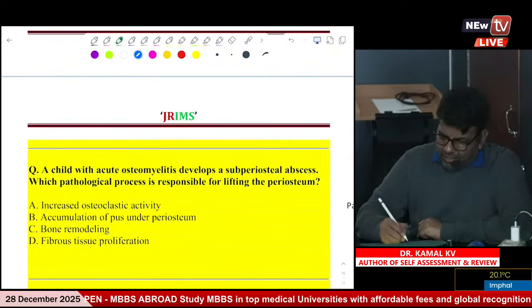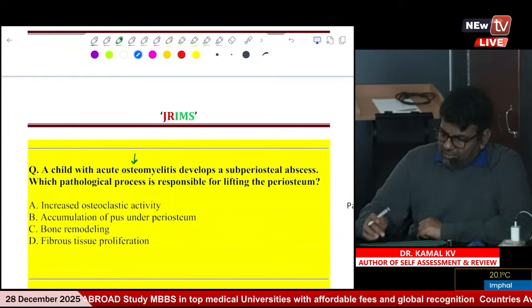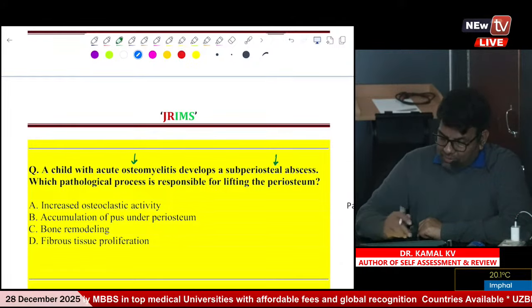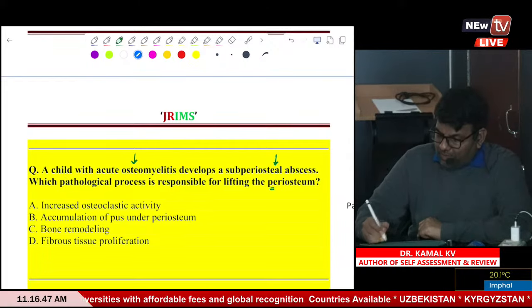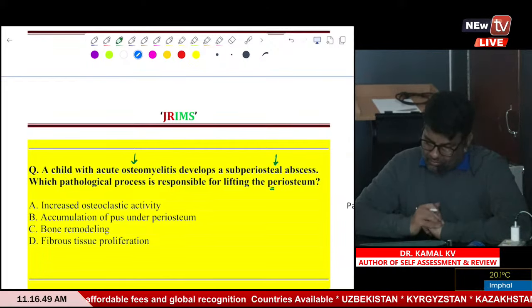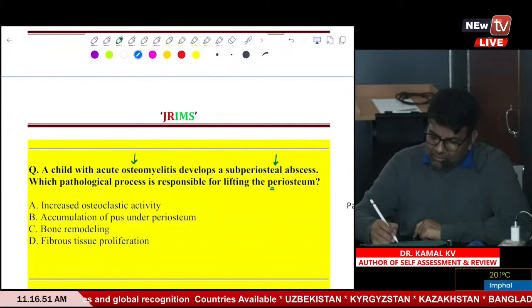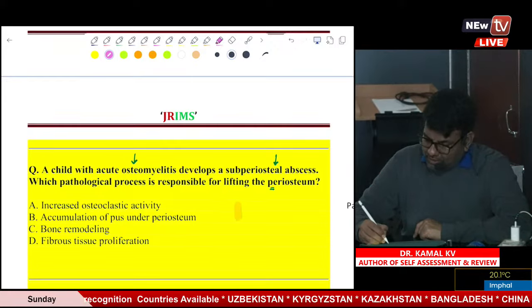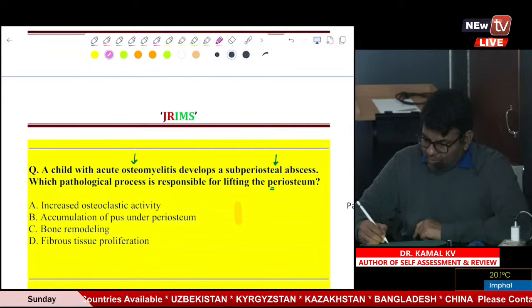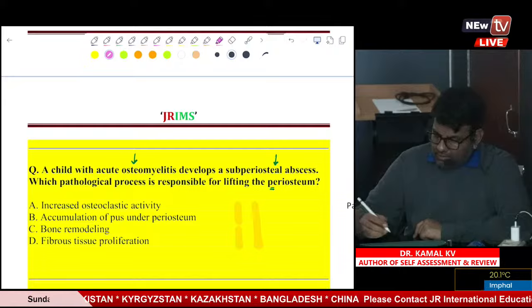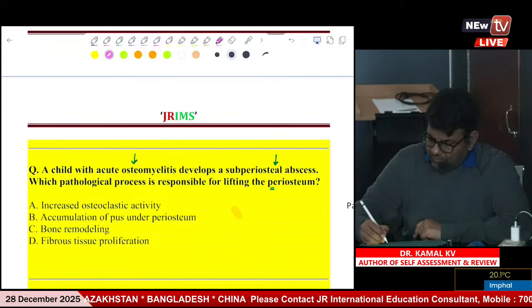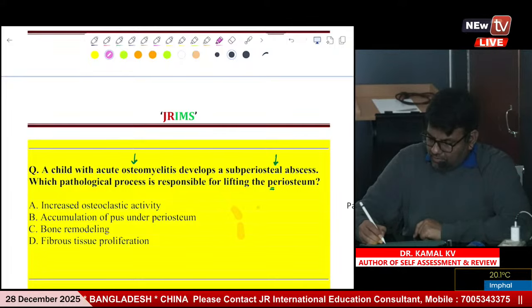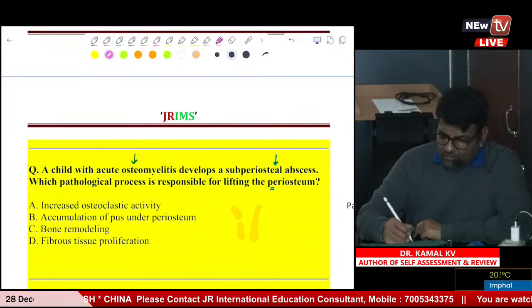A child with acute osteomyelitis has a subperiosteal abscess. Now what is the reason for lifting of this periosteum? Suppose this is the bone like this, okay?